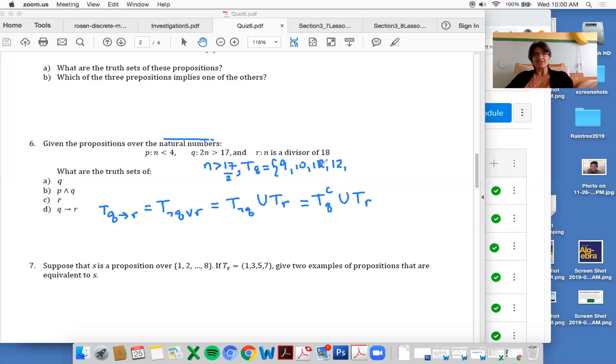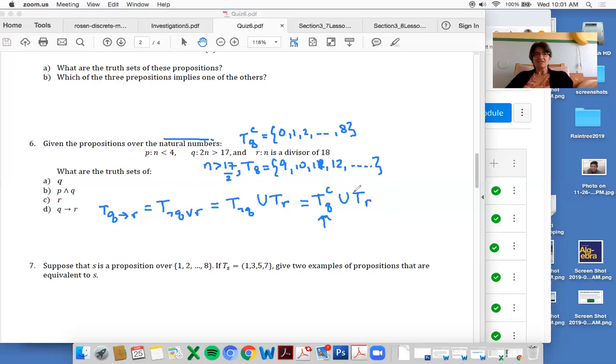That means the complement of the truth set for Q is all the natural numbers that are not 9 and above. That's going to go 0, 1, 2, all the way to 8. So that's the complement of the Q truth set.